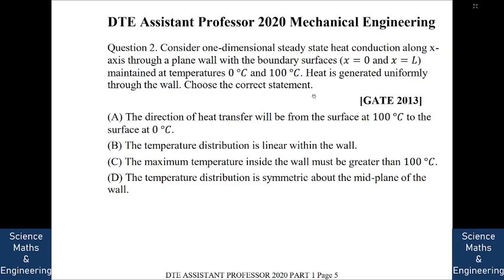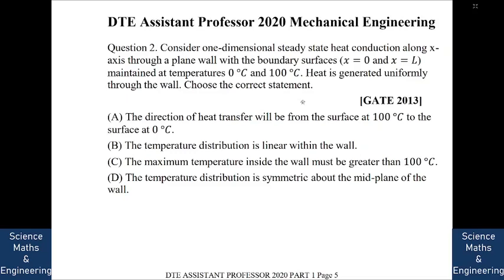B. The temperature distribution is linear within the wall. C. The maximum temperature inside the wall must be greater than 100 degree centigrade. Or D. The temperature distribution is symmetric about the midplane of the wall. So this is a very interesting question.